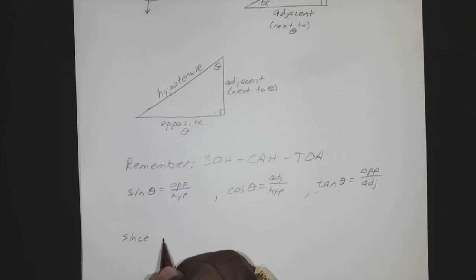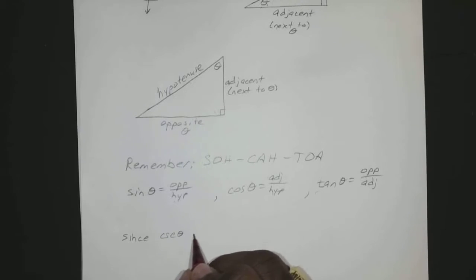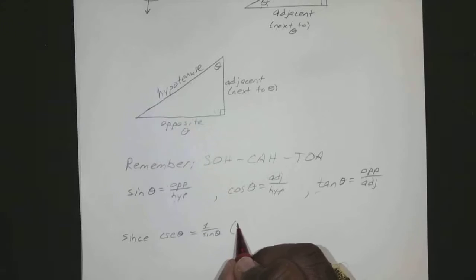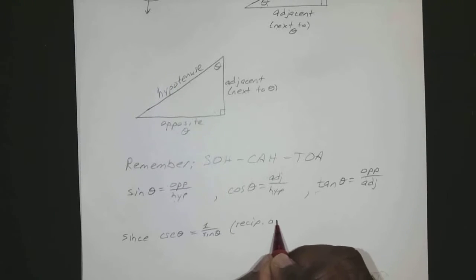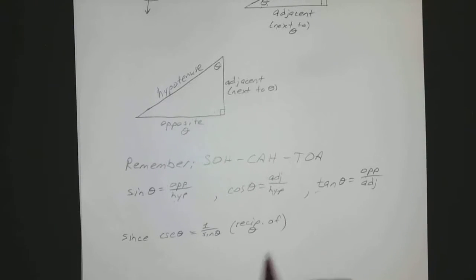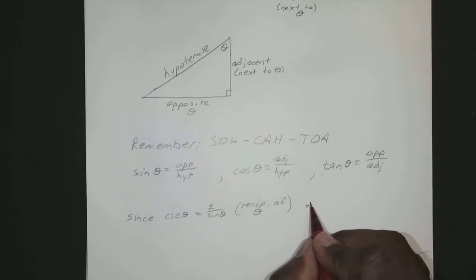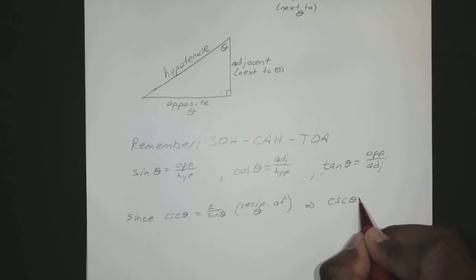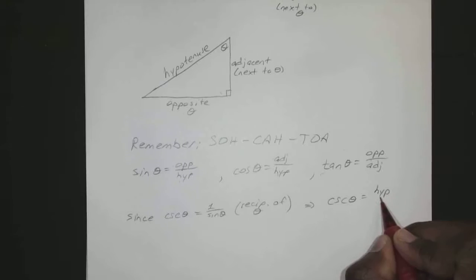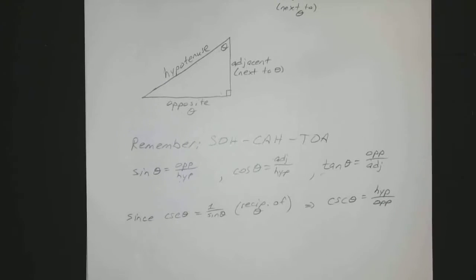Okay. Now for secant, cosecant, and cotangent, you just have to remember their reciprocals. Since cosecant theta equals 1 over sine of theta, which is just the reciprocal of sine, that means that cosecant of theta is going to equal the hypotenuse over opposite.